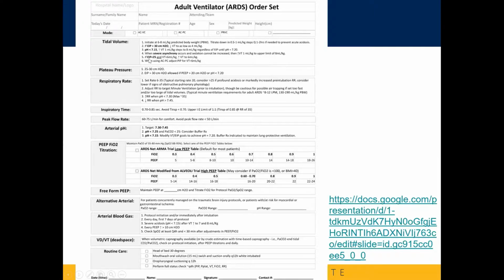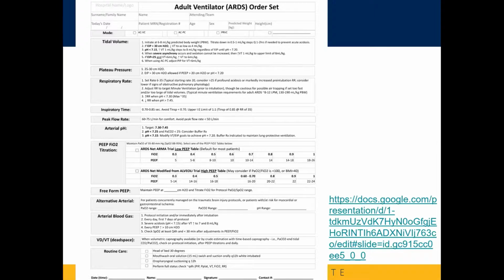If the end inspiratory pressure or plateau pressure and the tidal volume are less than 6 mils per kilogram, and they're asynchronous, then you're going to increase tidal volume to 6 mils per kilogram. And if you're using APC, adjust your inspiratory pressure or your pressure control to move your tidal volume to 6 mils per kilogram. Okay, so here again, they use plateau pressure here, and they're using a different abbreviation here.